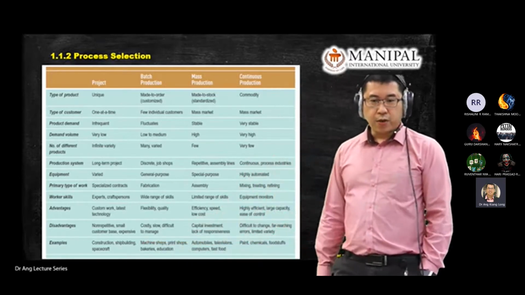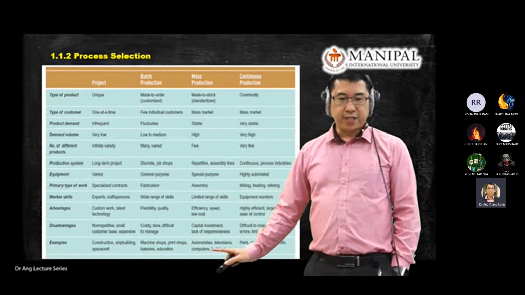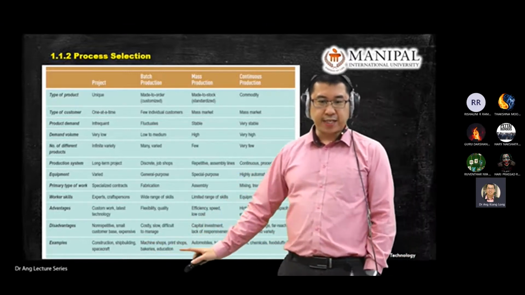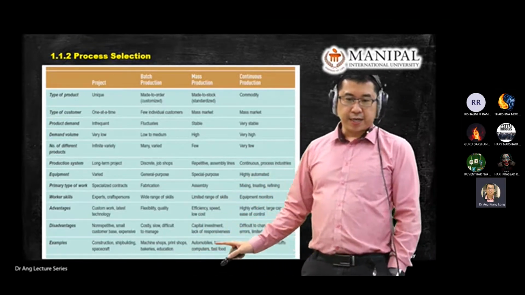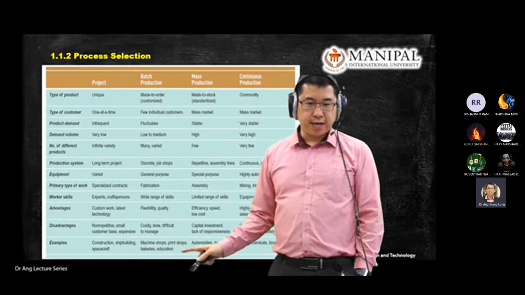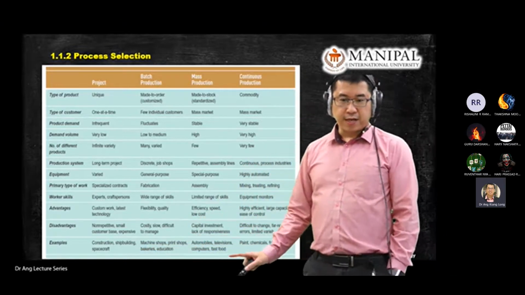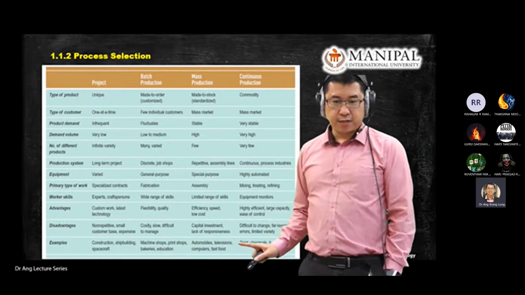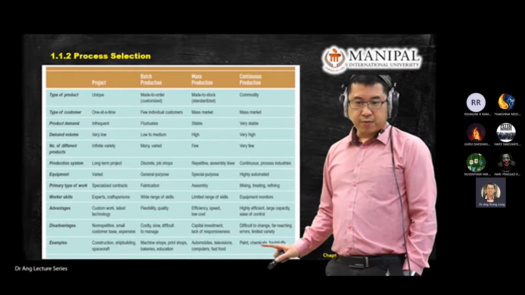Okay, so if you give an answer in your test or final exam, sometimes you can be more specific and give the brand of that industry. Okay, although here it mentions very general industries, for example, this one and this one and this one.